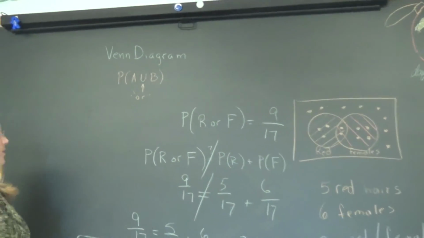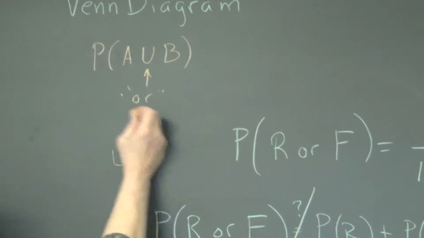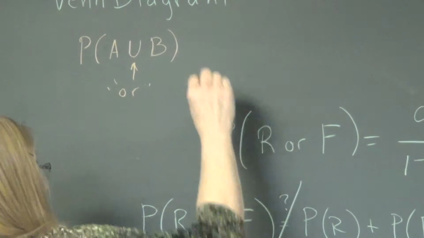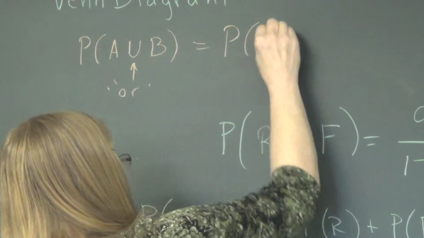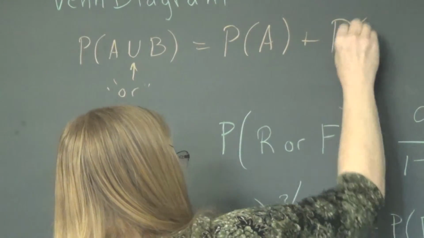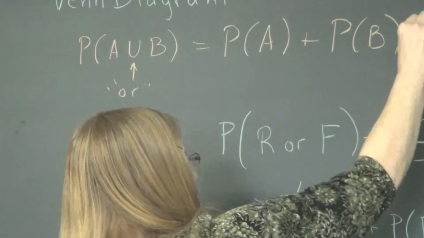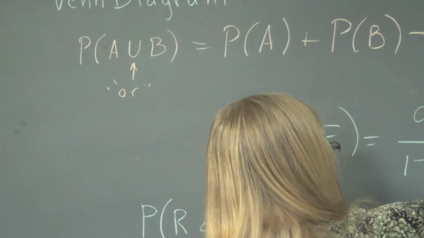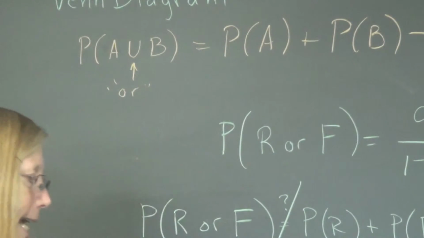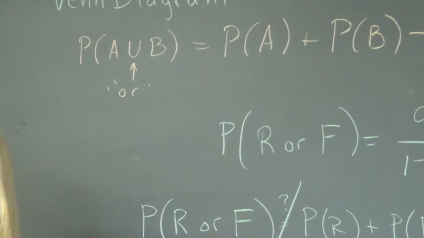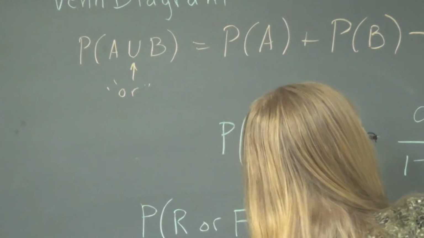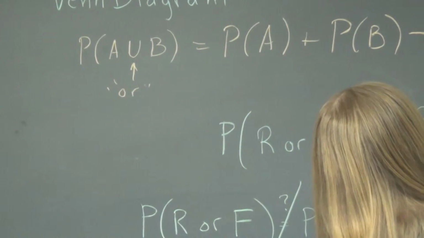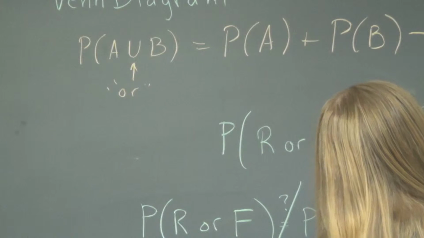It's a little fatter than a U, but that's how it looks on the board. Now we have another symbol for and, the upside down U, which is intersect.